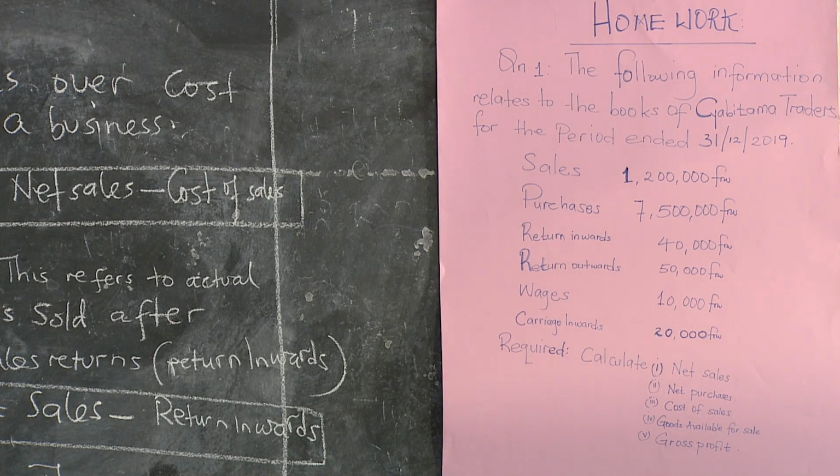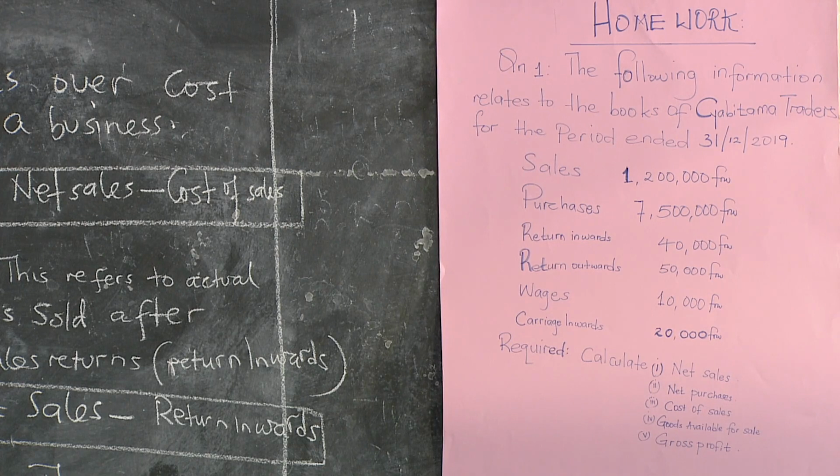Then we go to the preparation of the trading account. We present what we have seen in a table. We present all these formulas and all that information in a trading account. So you make sure you state the formula, you substitute, you put the answer. All formulas have been given.